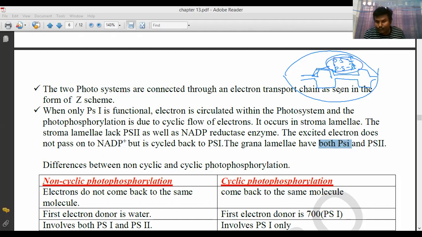But this is called the stroma. In this stroma, only PS1 is present, and PS2 is absent. That's all. So the grana lamella have both PS1 and PS2, but the stroma has only PS1.